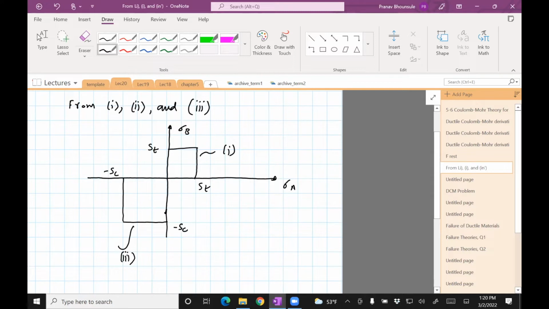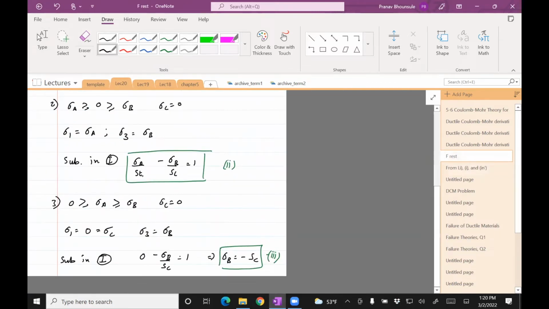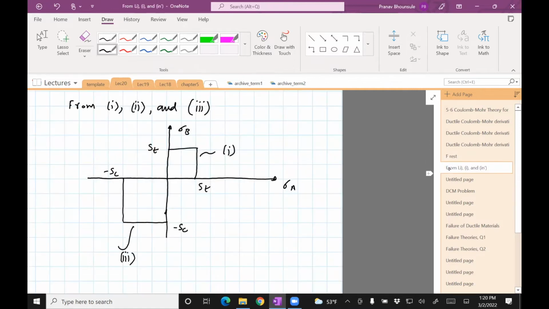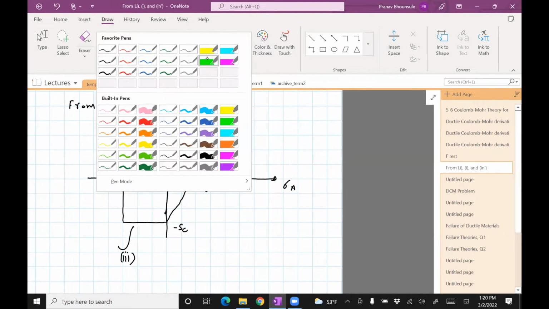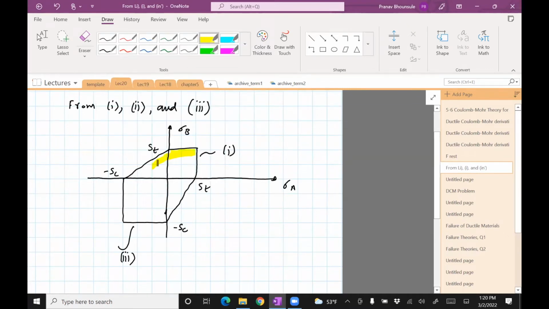And then the middle case is this equation, sigma A divided by ST minus sigma B divided by SC equals 1. That is an equation of a straight line with a slope of 1. So that would basically join these 2 points. This looks very similar to the MSS, except that it's a hexagon that doesn't have the same length for the sides, in the first and the third quadrant.